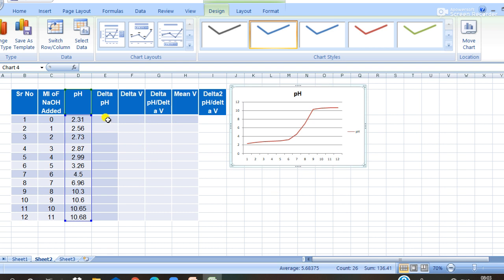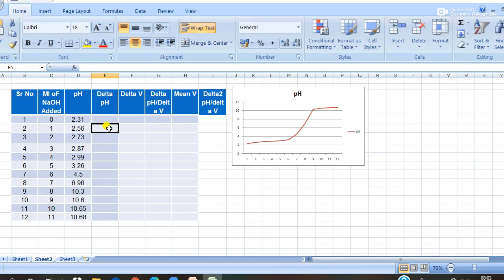So how to do that? You have to do delta pH first. That means the second value of pH minus the first value, then the third value of pH minus the second value. You will get delta pH and you can drag this directly. Then delta V: each time you are adding 1 ml, so you can write 1, 1, 1.